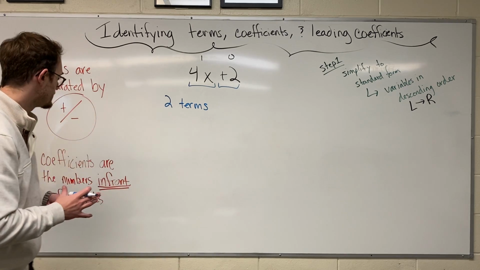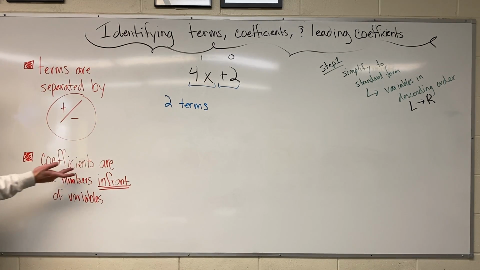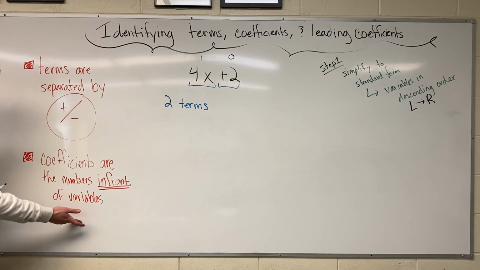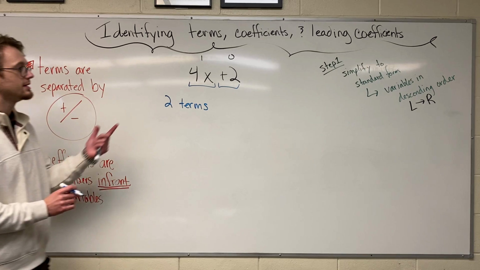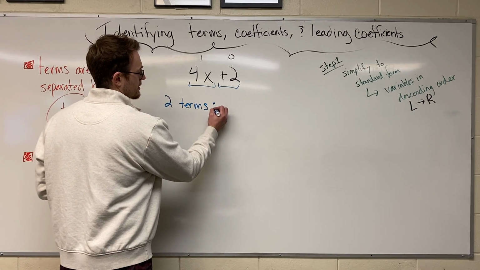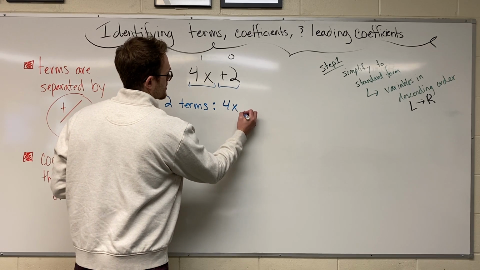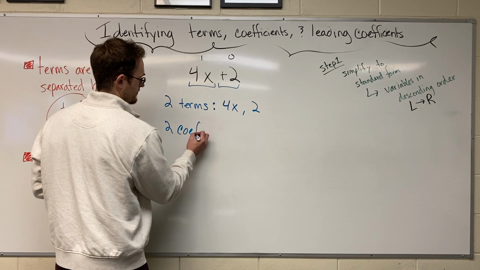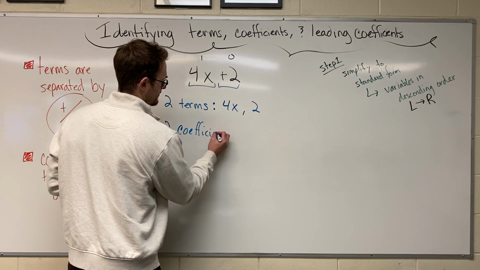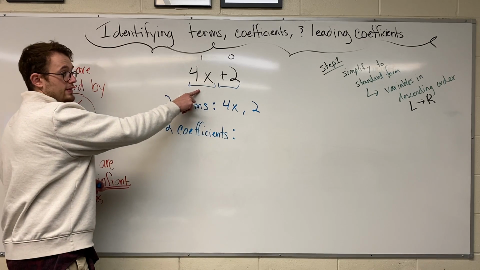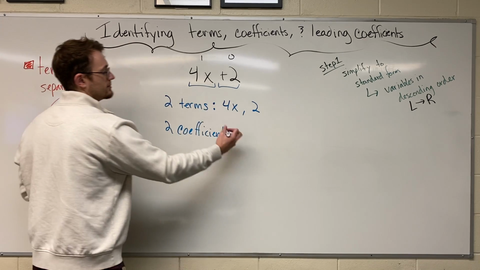The coefficients are the numbers in front of the variables. So if I was going to list these, I've got 2 terms, 4x and positive 2, and then my 2 coefficients would be, the number in front of the x is 4.